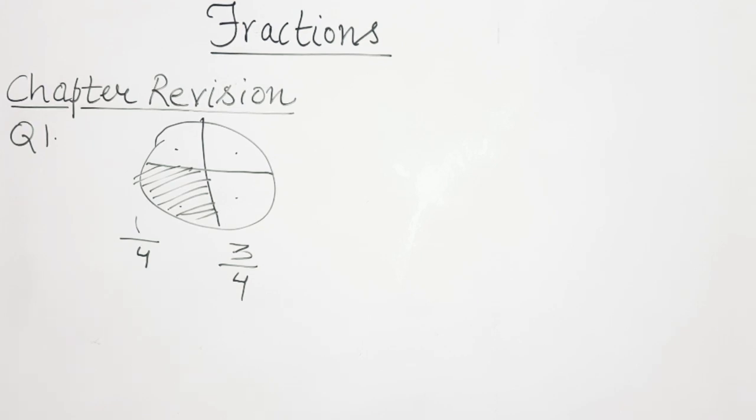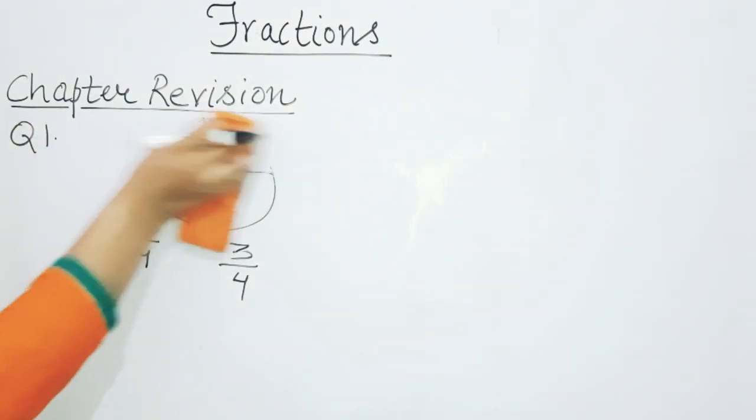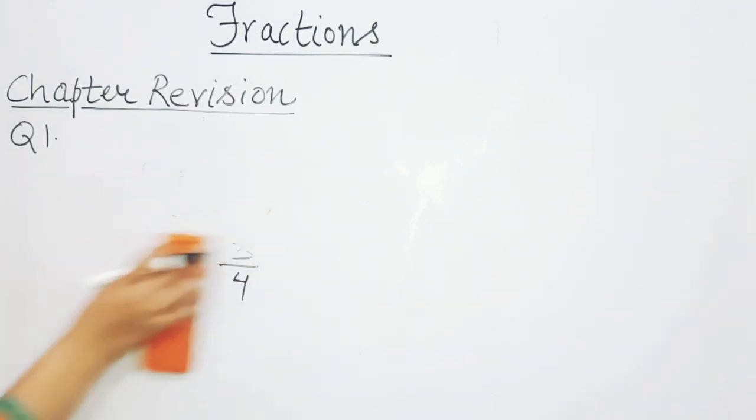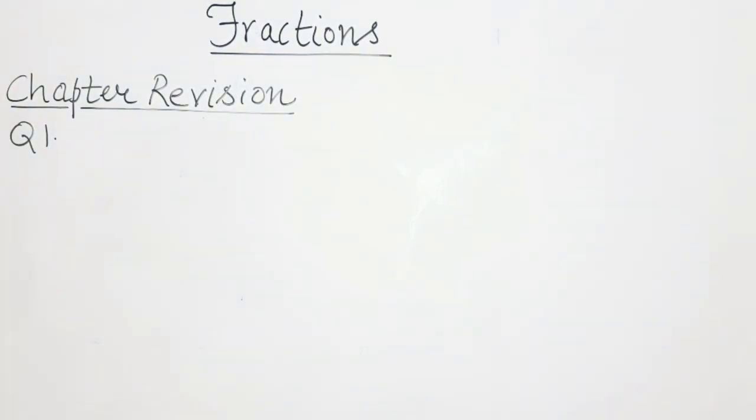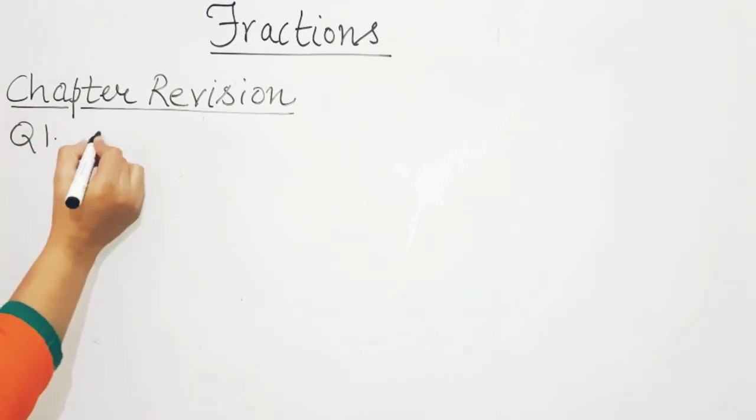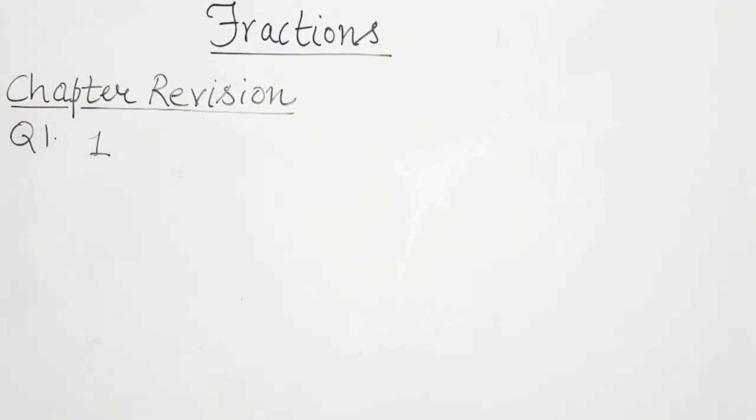Okay students, I have already told you, in any question of fractions, if the fraction for the whole is not given to you, by default you have to consider the fraction for the whole as 1. 1 is going to represent the fraction for the whole.